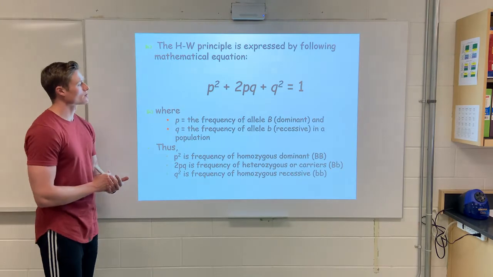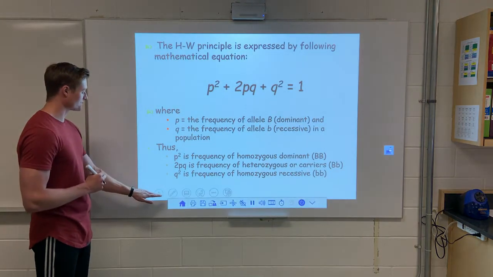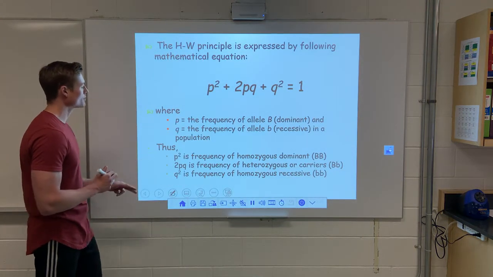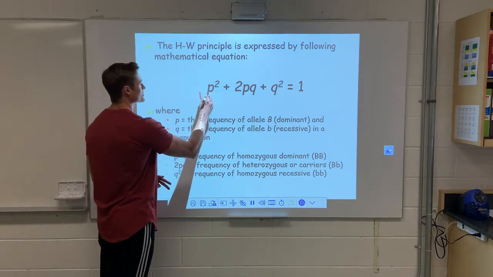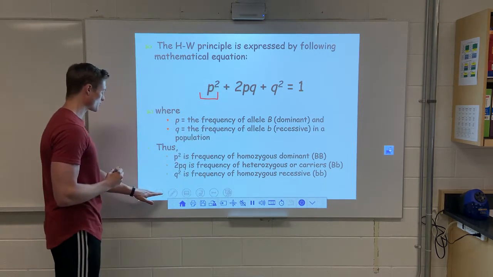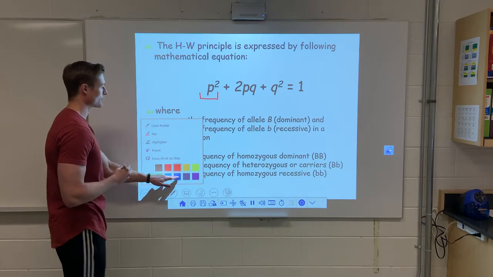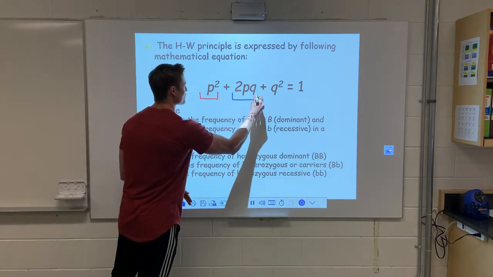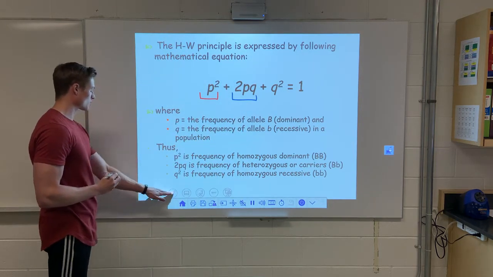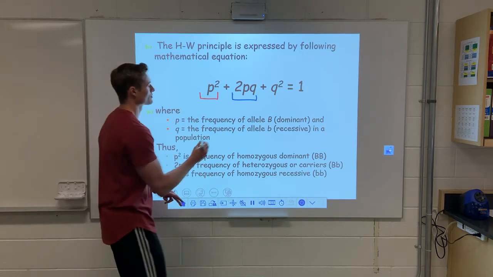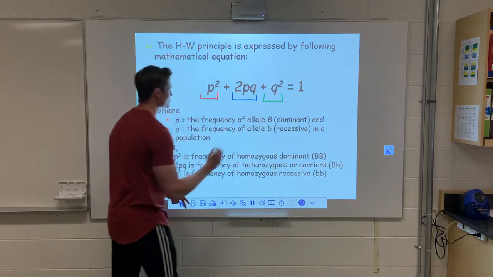So when we look at the Hardy-Weinberg equation, a few things to look at here. Number one, we have p squared plus 2pq plus q squared equals 1. So this will be the equation that we use to solve for our various components related to our Hardy-Weinberg equation. So let's look at p squared first.